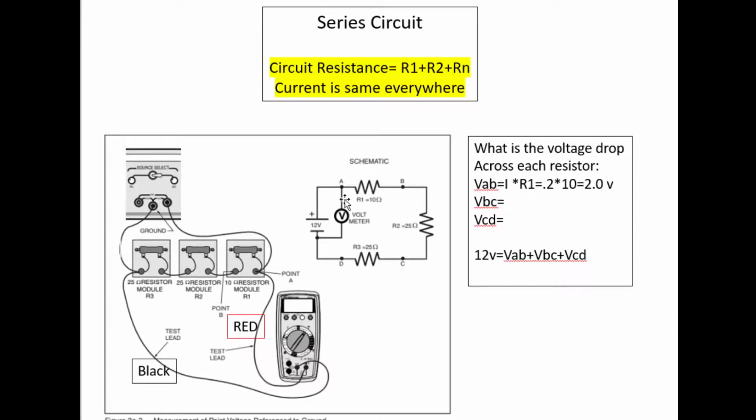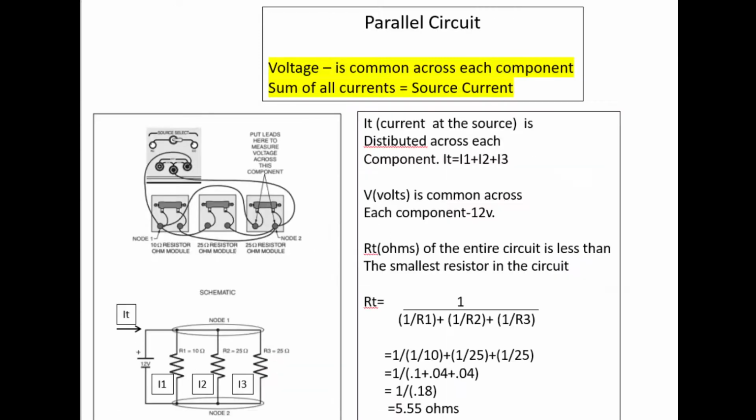All right, now what is the voltage drop across this first resistor? Well, if the current is 0.2 amps and the resistance is 10, all right, how can we use this same concept now that we have a parallel circuit? By now you should start to recognize that this is a parallel circuit.